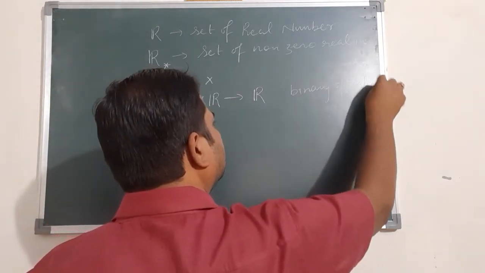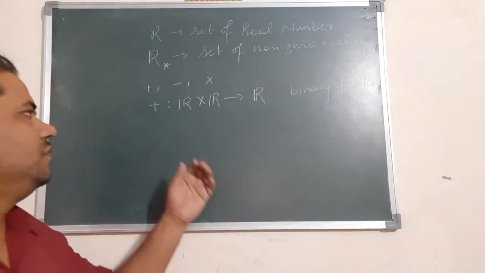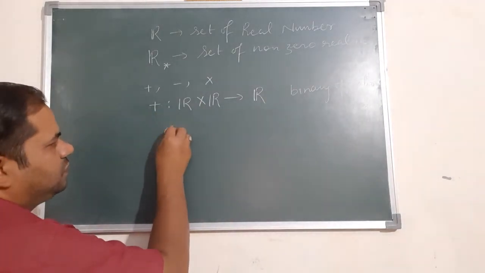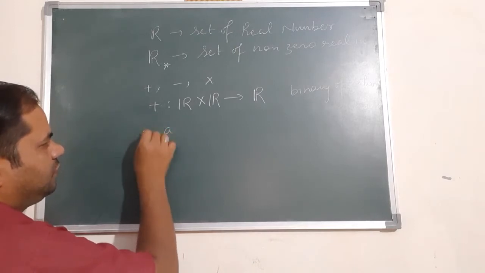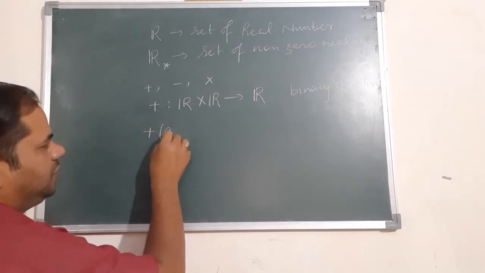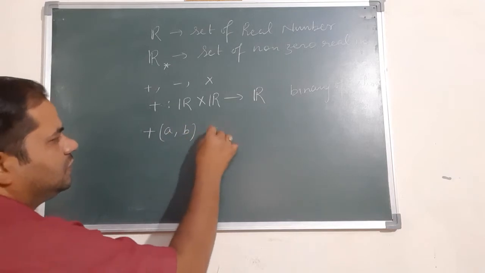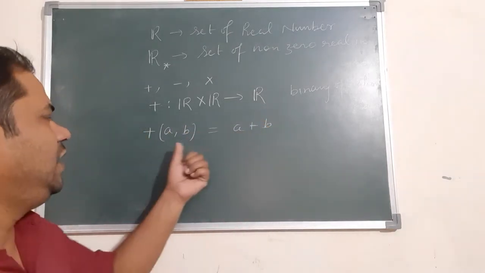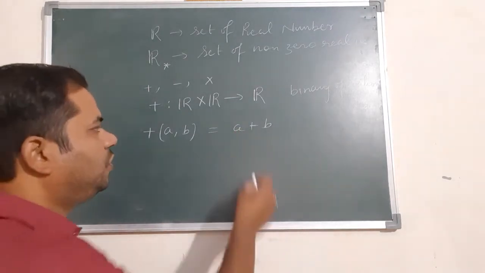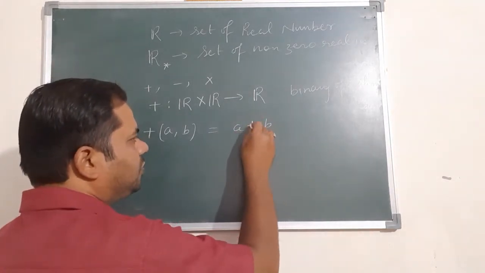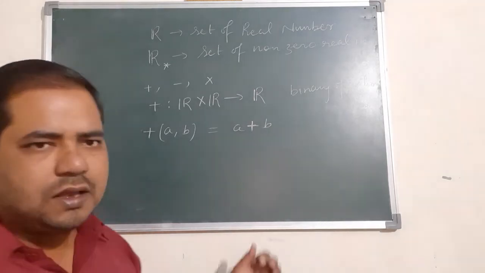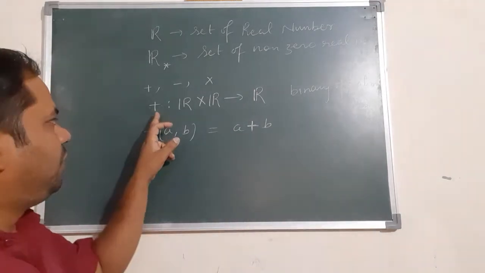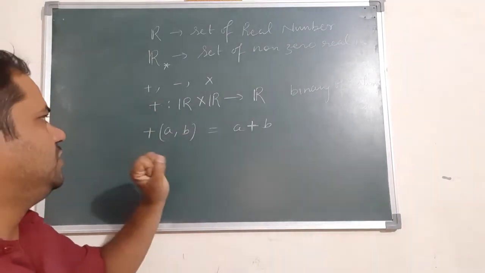Why? If you define plus of (a, b), suppose we define plus of (a, b), this is nothing but a plus b. Okay, so you see, in real numbers this holds the closure property. That means if you add a and b, then you will again get a real number. Okay, so plus is a binary operation.